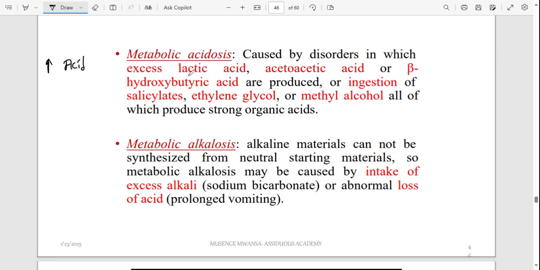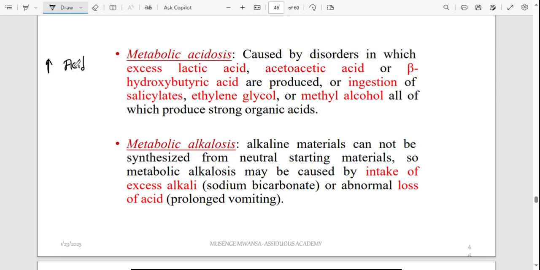For example, if you are fasting, the body will start breaking down lipids. When you break down lipids, you are breaking them so that you can use them for energy. That is known as beta oxidation. We'll talk about that later on in biochemistry.